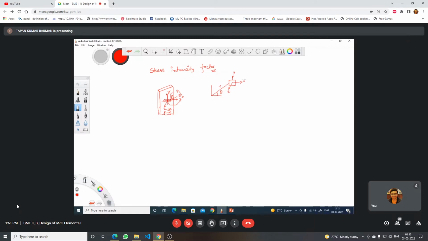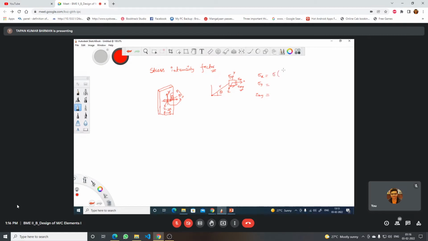So this value should be sigma x, this is sigma y, and this value should be your tau xy. And for this type of tip, we may estimate the values as sigma x, sigma y, and tau xy.